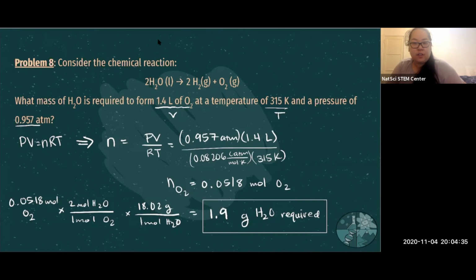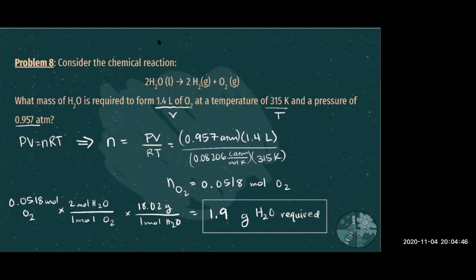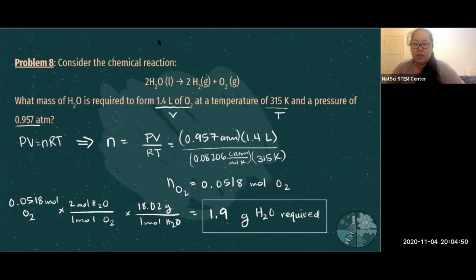Because if you think of it this way, if they wanted you to find only H2O, they wouldn't give you this equation. You wouldn't need it. If they gave you the volume of H2O, then you would just use the molar mass that you can find from the periodic table for your answer.